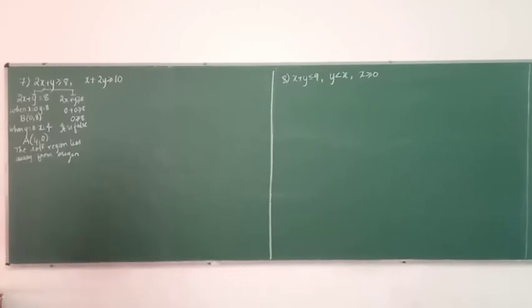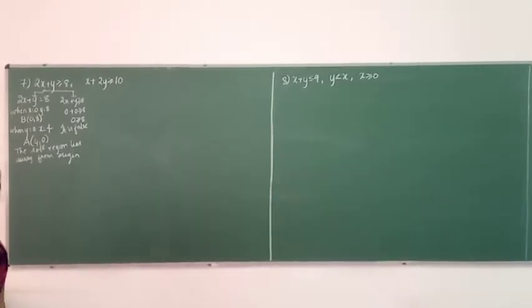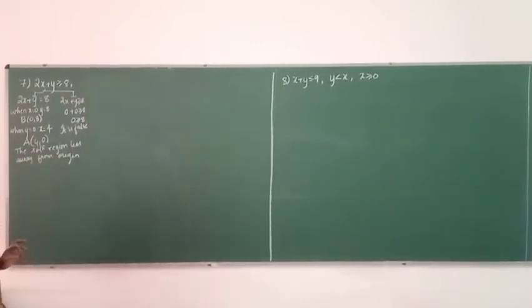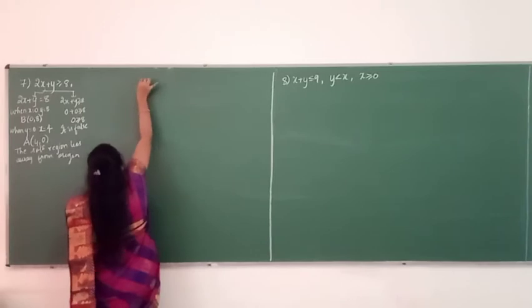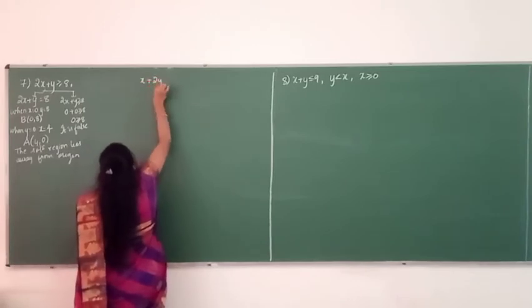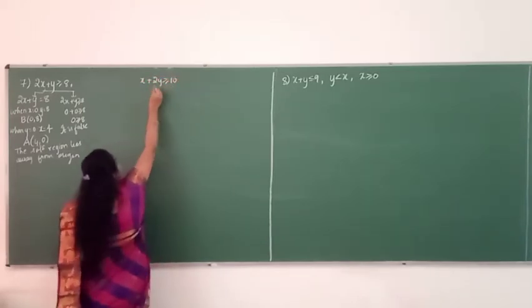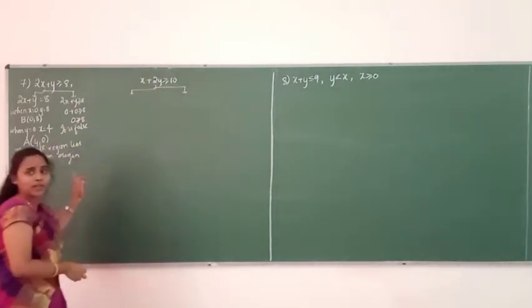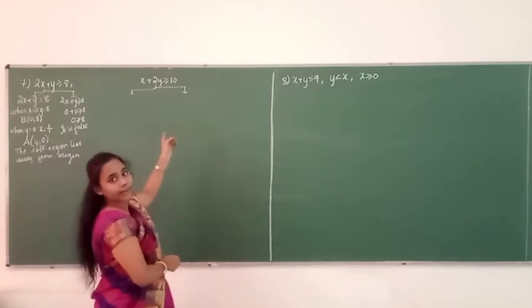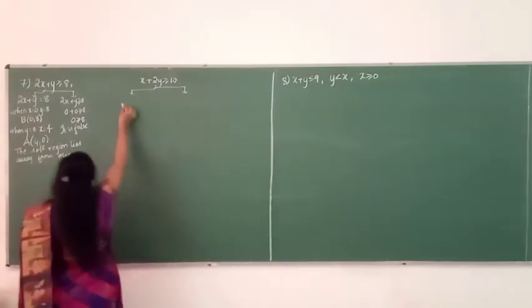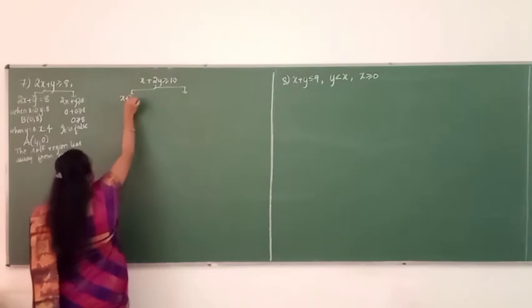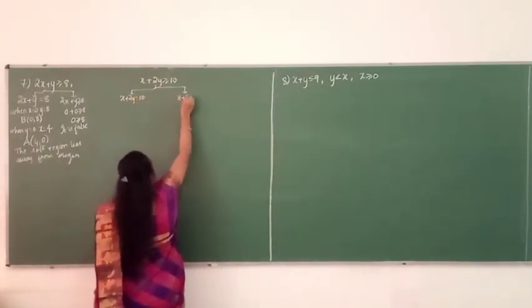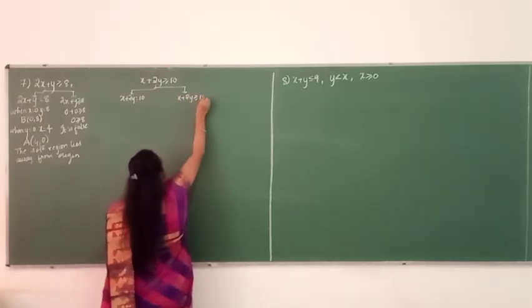Now we will be solving the next inequality. Here we have x plus 2y is greater than or equal to 10. I have already told you, either you can write it as case 1, case 2 or directly using the arrows. The first one is x plus 2y is equal to 10, and the second is x plus 2y is greater than or equal to 10.